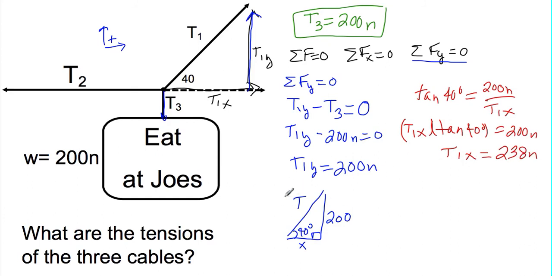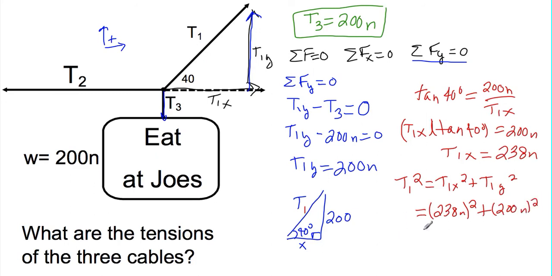And now what we need to do is find the tension, in this case tension T1. And we can just use the Pythagorean theorem for that. So T1 squared is equal to T1x squared plus T1y squared. T1x we just found is 238 newtons squared plus T1y, which is 200 newtons squared.